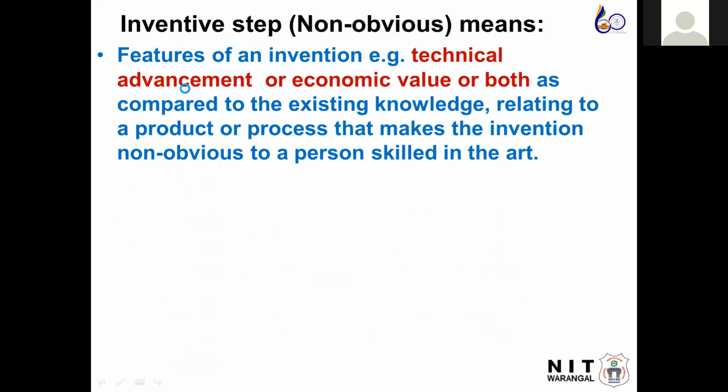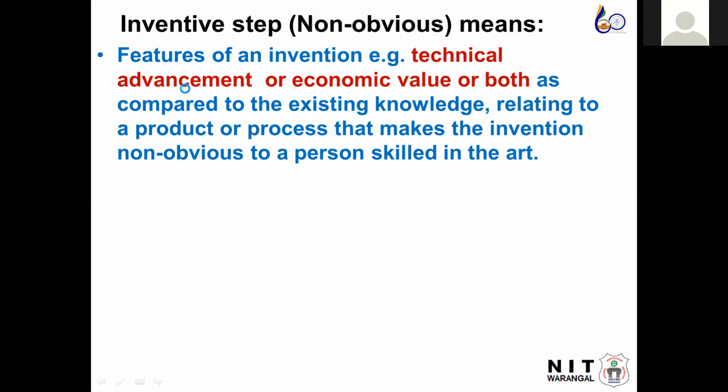But a very drastic technical advancement. Technically, you have made it differently. It has torch, it has battery, it has spring type of system, it has all these things. So that's a technical advancement, or I'll say economical value. See, by having those things, the value of the normal stick may be 100 rupees.